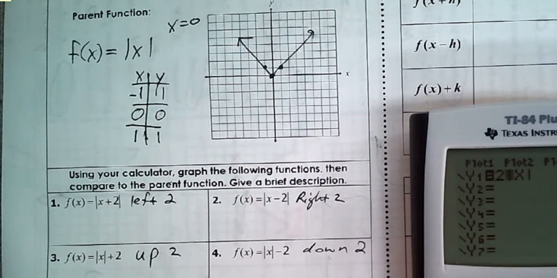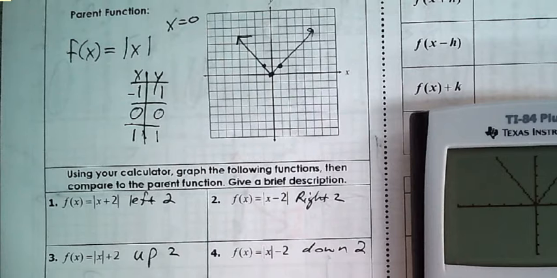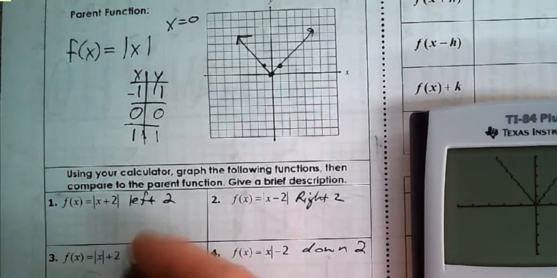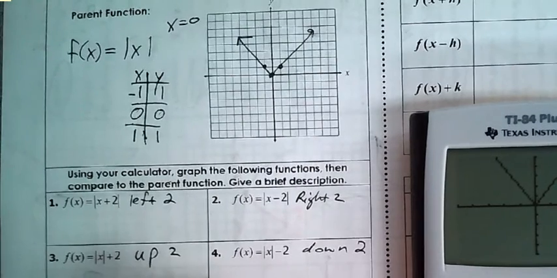Do second delete 2, and it inserts the 2. Then press graph. Alright, now, notice that the vertex is the same as the parent, but it's more narrow. It has been vertically stretched by 2. So what we're going to say for this one is vertical stretch by 2.